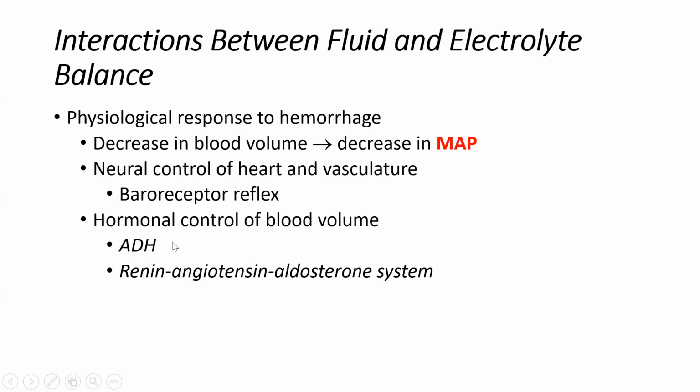ADH secretion, which is facilitating water reabsorption, but also the RAS system, which eventually results in aldosterone secretion, which is facilitating sodium reabsorption. Again, that water-sodium connection, which helps to restore blood pressure, okay? That connection I talked about earlier with sodium, water, blood pressure, right? Sodium, water, blood pressure.